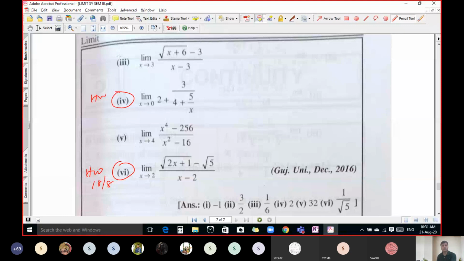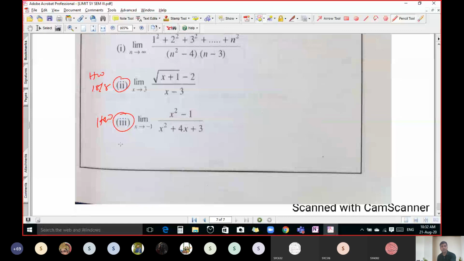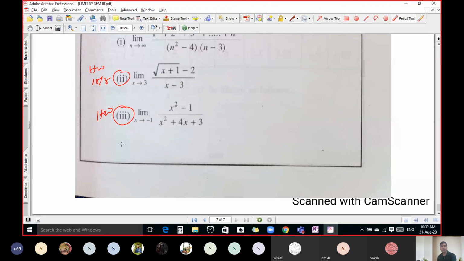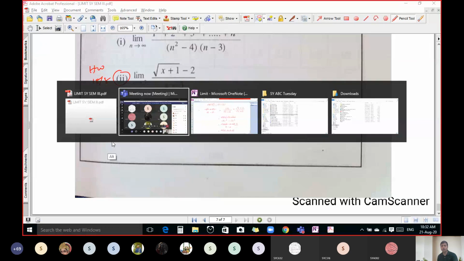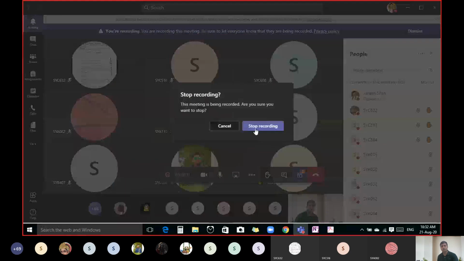Okay, you can do this as homework. You can try to solve this as homework. I think it is enough. So only 2 examples are there in homework. If you have any problem in these 2 examples, we will discuss in our next lecture.